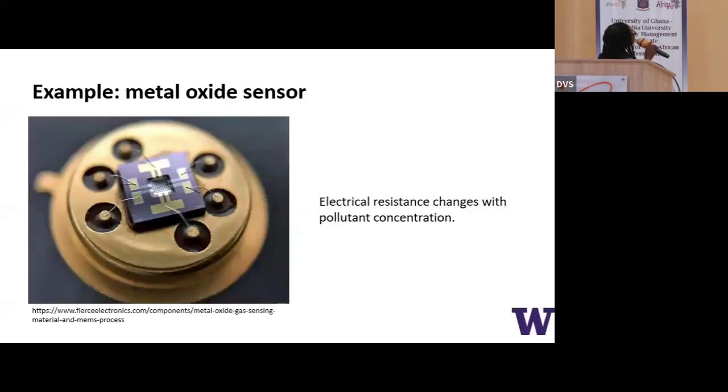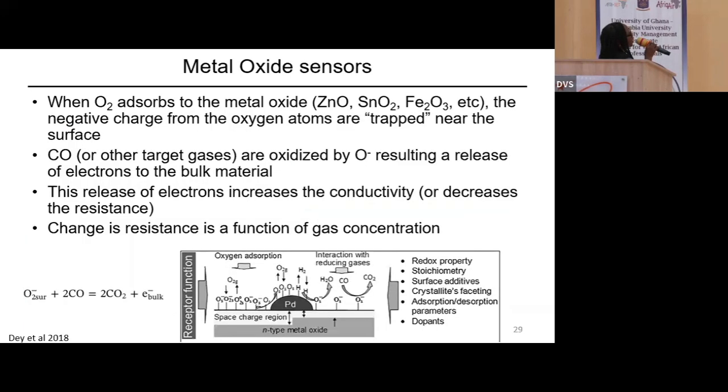Next one. Just an example of a metal oxide sensor, showing the measurement of the change in electrical resistance. This is for oxygen-containing compounds. Oxygen absorbs onto the metal oxide here, so the negative charge from the oxygen atoms is trapped near the surface.